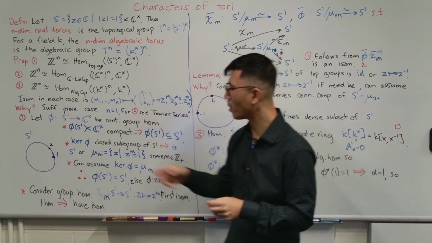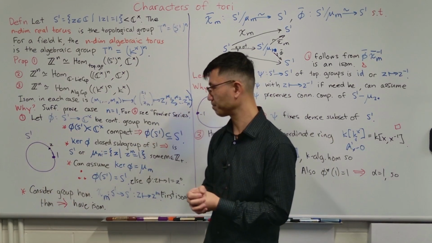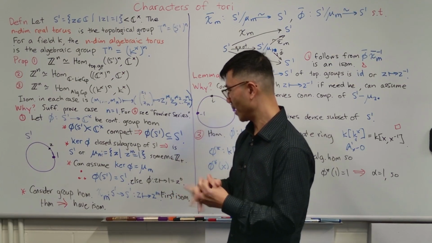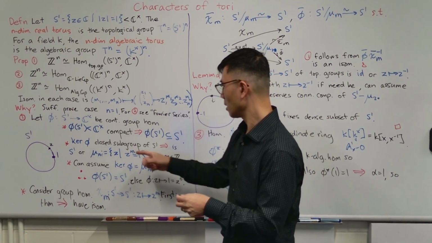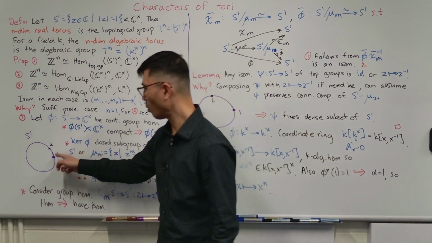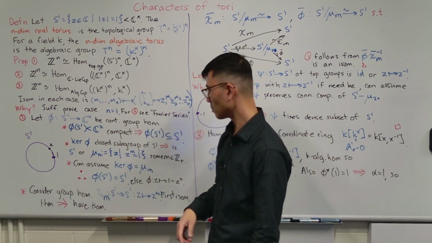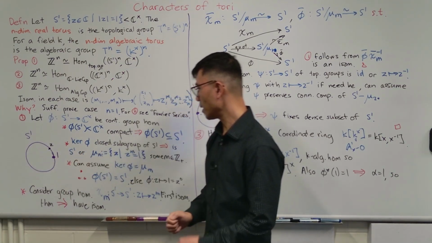So firstly, one possibility is, of course, all of S1, but suppose it's not all of S1. Then let's try to see what it might be. Well, of course, it could be just 1, and that's a possibility. Just the 1 here.